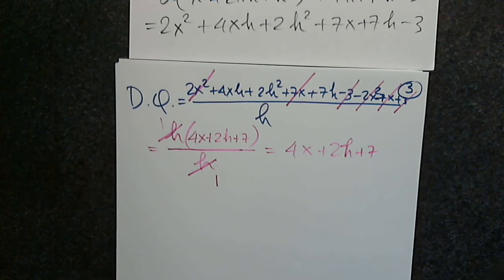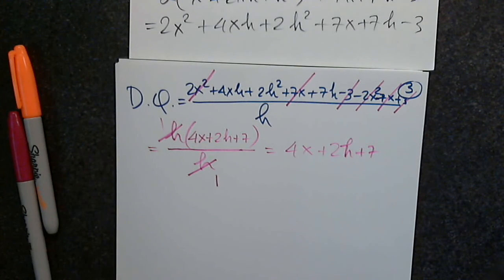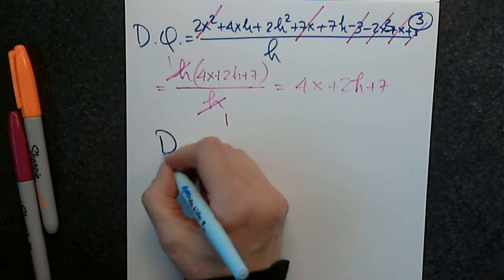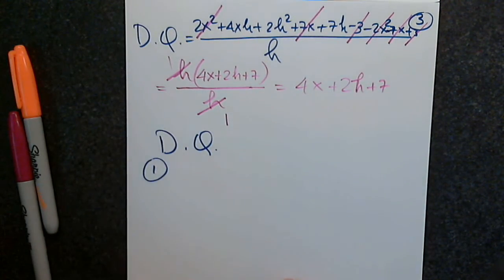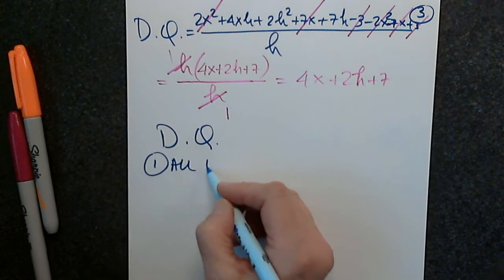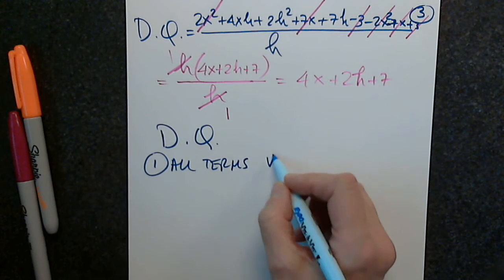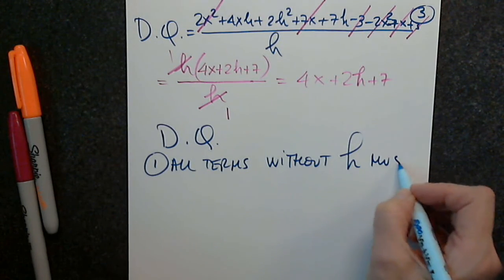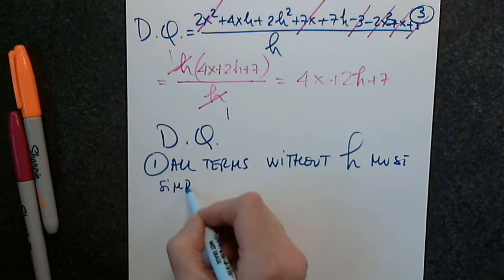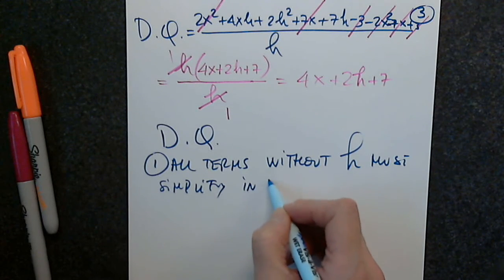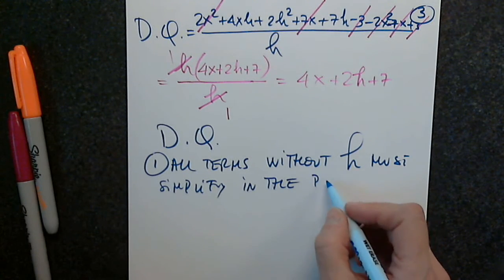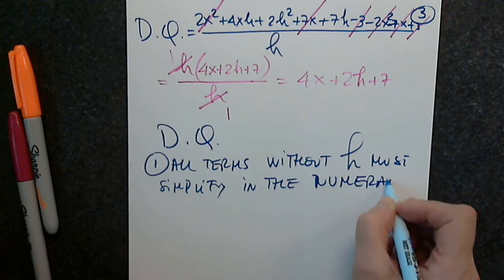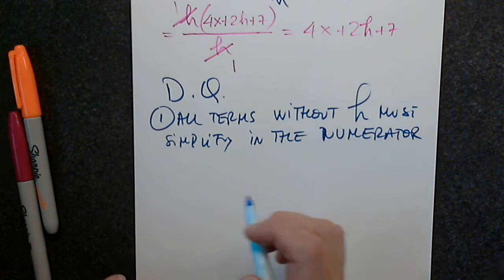Okay, so every time we determine and simplify the difference quotient for a function, two things must happen. Number one, all terms without h must simplify in the numerator, and h from the denominator must go away.